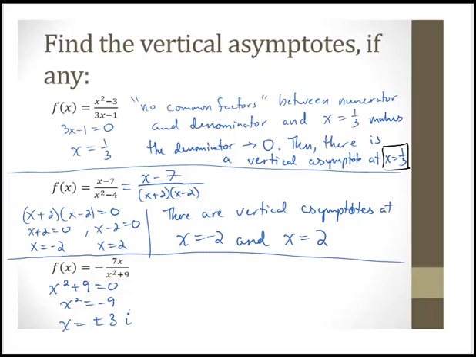Positive 3i and negative 3i don't show up on the graph of this function using real numbers. So this function has no vertical asymptotes. There are no real values of x that make the denominator equal to 0.